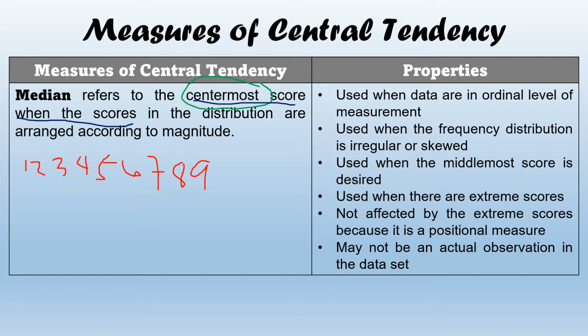For example, this is 1, 2, 3, 4, 5, 6, 7, 8, 9. This is an example of odd. No? But 9, okay. So if it is odd, so ano mangyayari? Let's try to identify the centermost score. So ang centermost score would be here, 5. Tama ba? Okay. So the centermost score is 5.